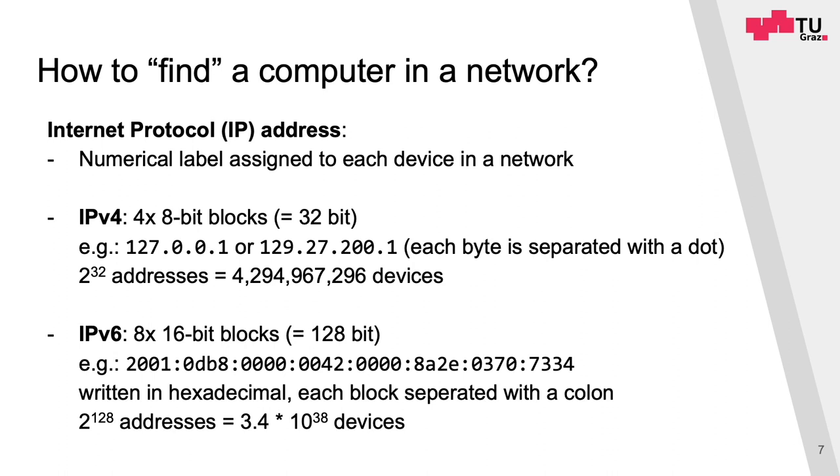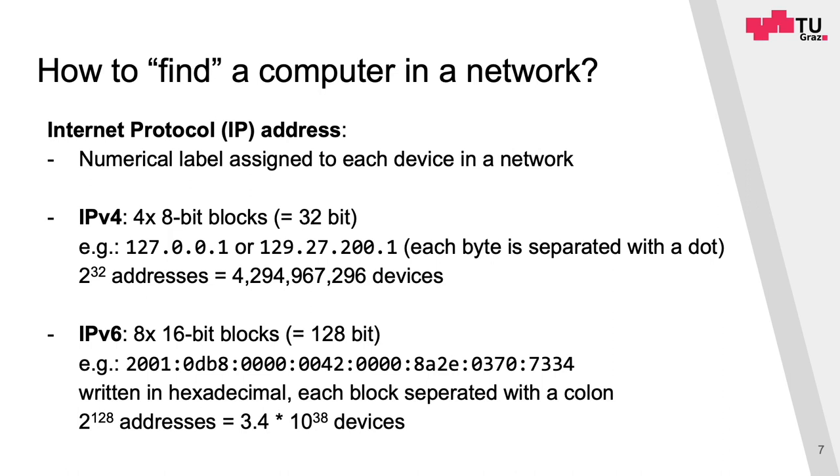IPv6 was introduced, which consists of 8 16-bit blocks. And again, if we do the math, 8 times 16, we get 128 bits. And such an IPv6 address looks as follows. You see here that it is encoded in hexadecimal, because in this example address we have the characters D or B or A. So it's encoded in hexadecimal, unlike the IPv4, which is encoded in decimal.